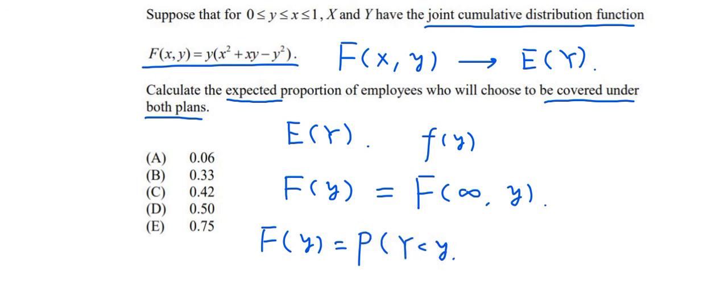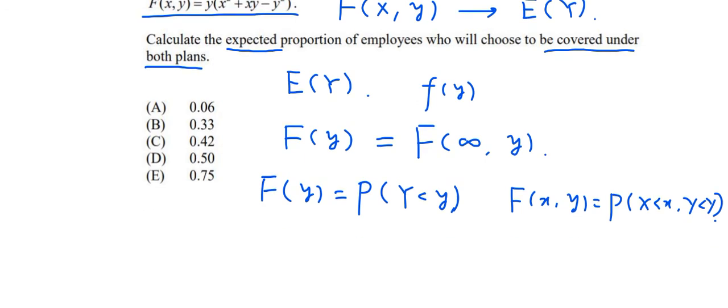For X there is no condition. F_XY is the probability X less than x, Y less than y. If we let x equal infinity, this probability just becomes Y less than y.